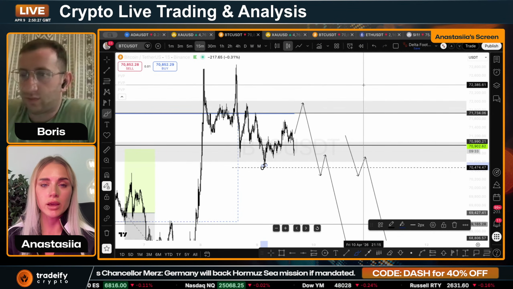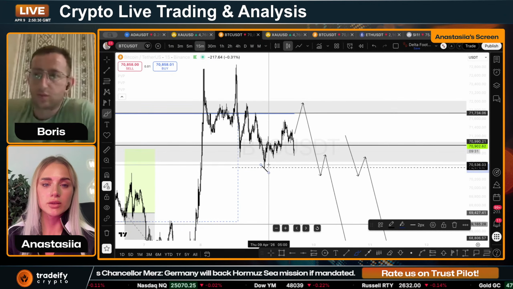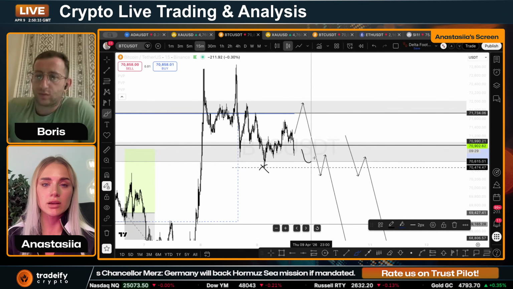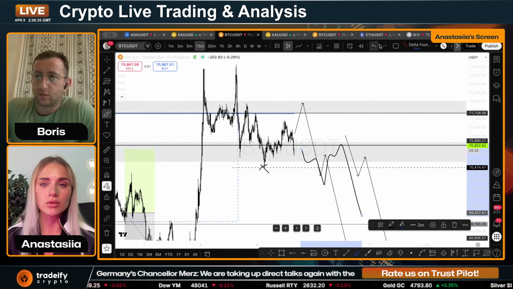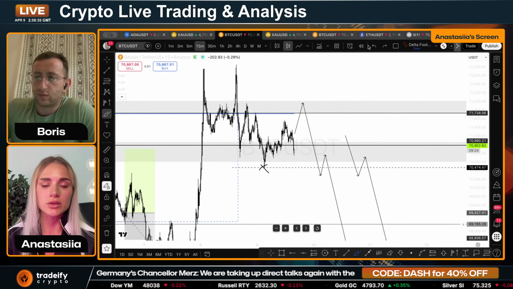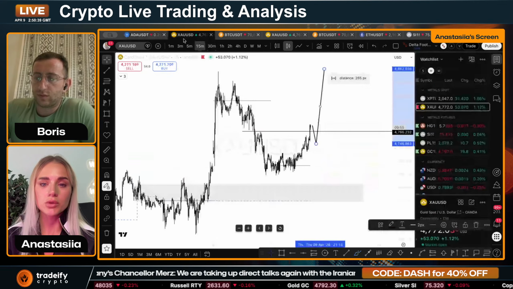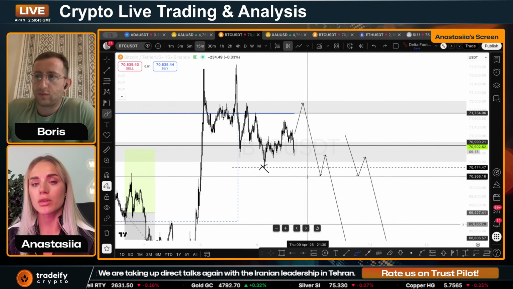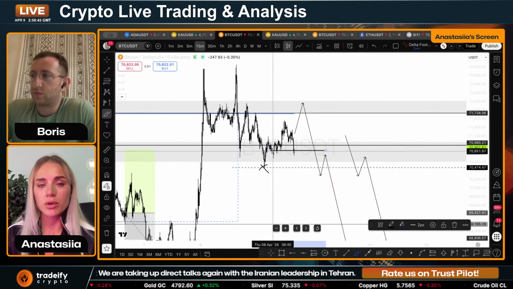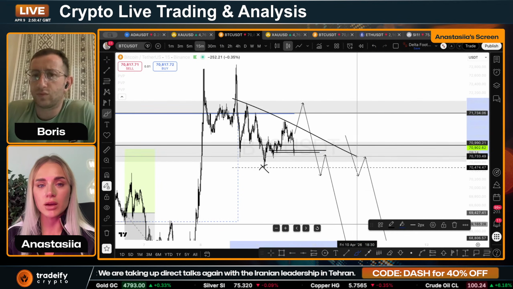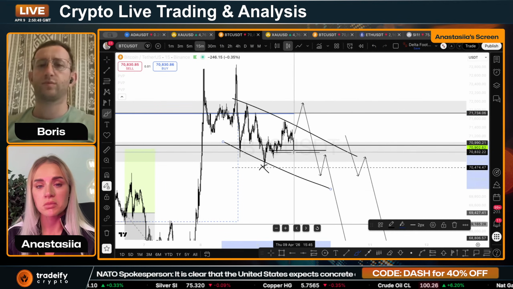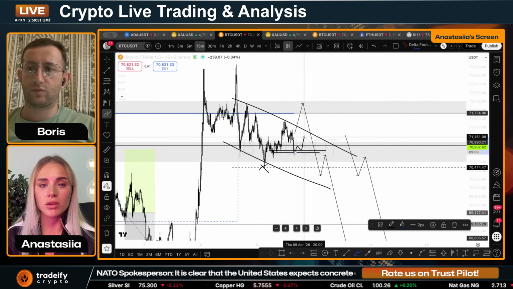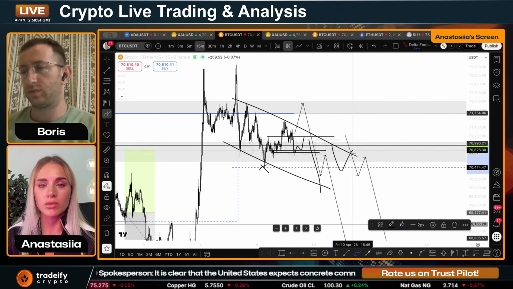I would still like the price to break this low before taking a sell like this. That would be the best scenario for me personally. So because of this, I'm also considering those two trades. I want to hold one. We did kind of break the previous lows, but I would like to see maybe either this or this scenario.